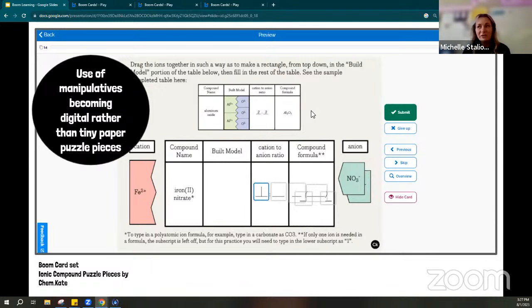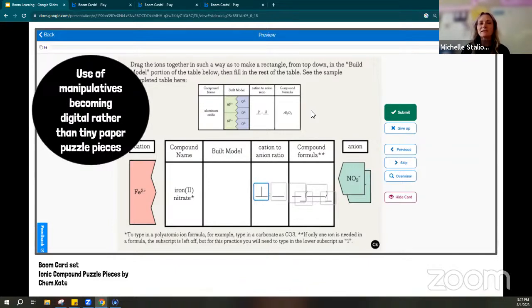One set that I came across was kind of a lifesaver for me. I used to have an instructional lesson where they had cut out paper pieces for building ionic compounds with the charges. And there were tiny pieces of paper absolutely all over the room, and a lot of time spent cutting out these tiny pieces of paper, baggies of them everywhere.